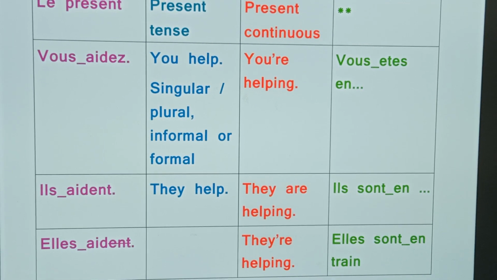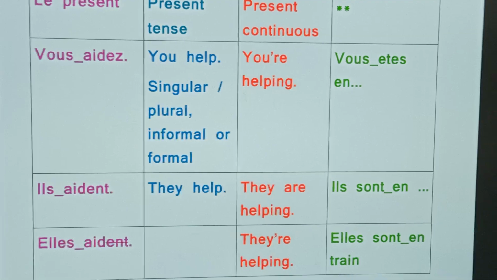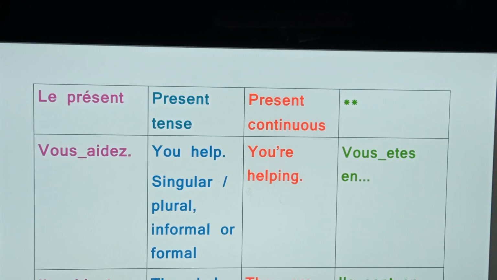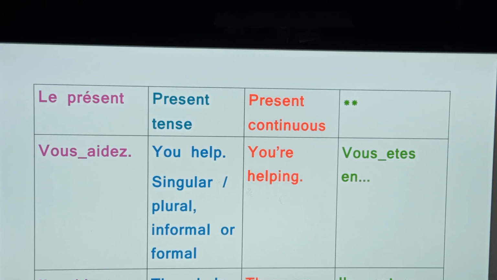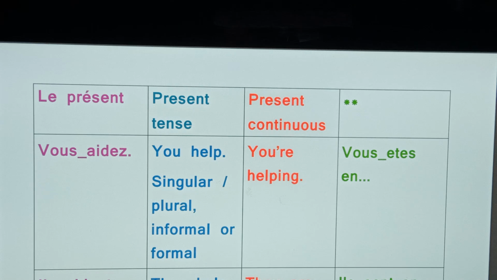Here the vous is a formal situation. So you could see vous aidez, in French it's formal, vous. But in English, it could be singular or plural, informal or formal. So they always have the respect anyway. Very polite, right? So vous aidez.